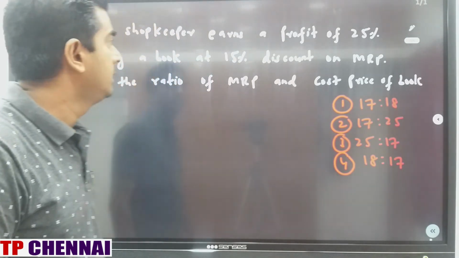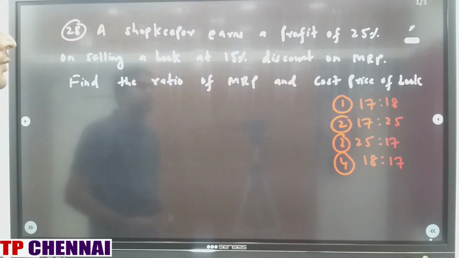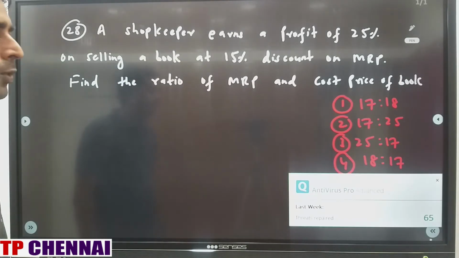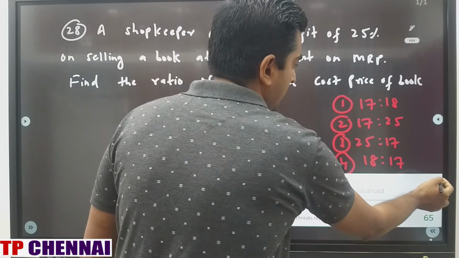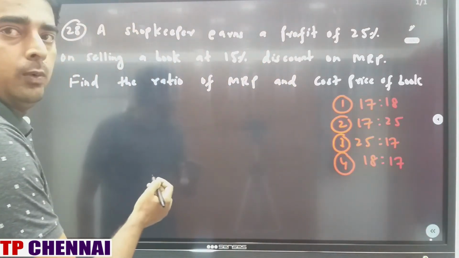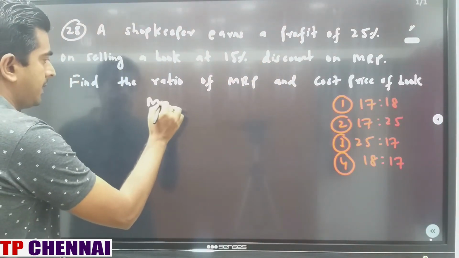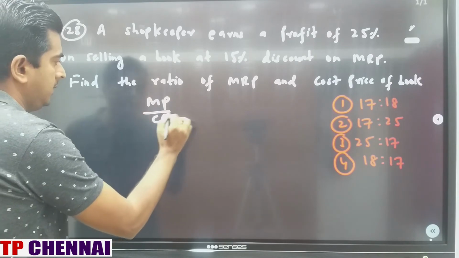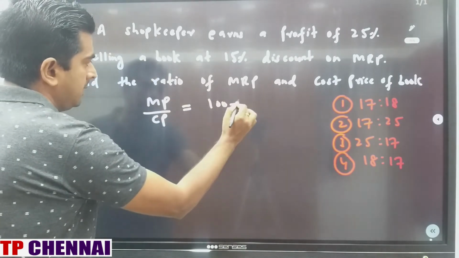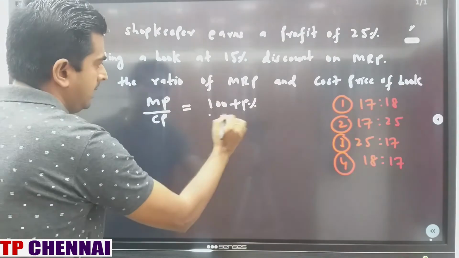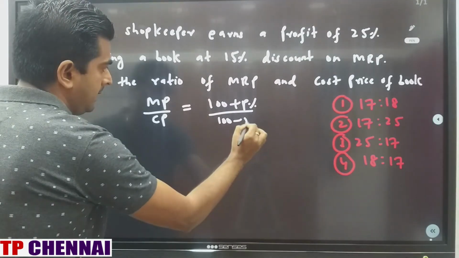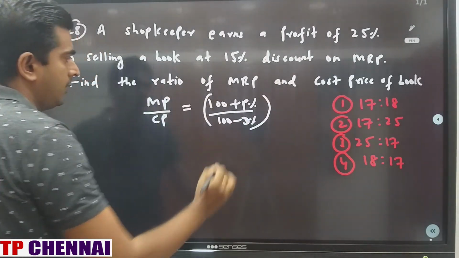Now we'll see 28th one. A shopkeeper earns a profit of 25% on selling a book at 15% discount on MRP. Find the ratio of MRP and cost price of the book. Right? Cost price of the book. So you know one formula. Mark price divided by cost price is equal to 100 plus profit percentage divided by 100 minus discount percentage. That's very important formula.